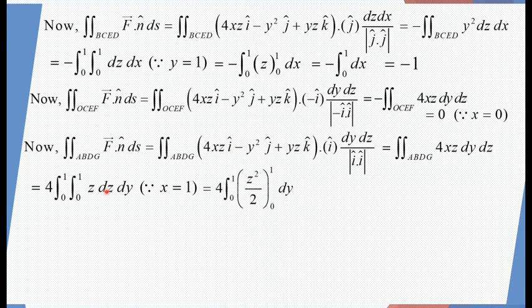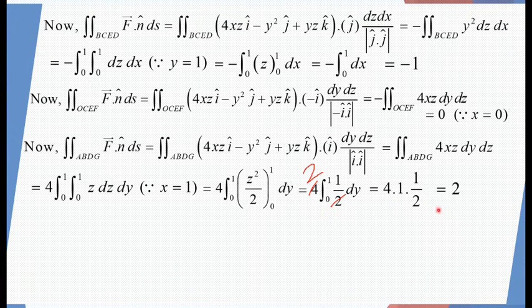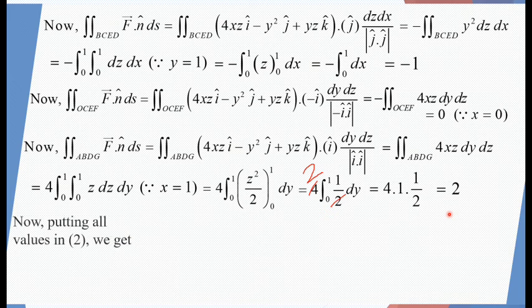The integral of z is z square by 2 under the limit 0 to 1. So on putting limits, it will be 1 by 2, and this 2 cancels with the 4 two times. The integral of dy is y under the limit 0 to 1, so the value is 1, so it will be 2. So this is the value for the last face.